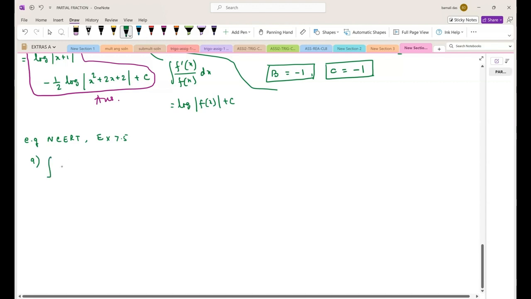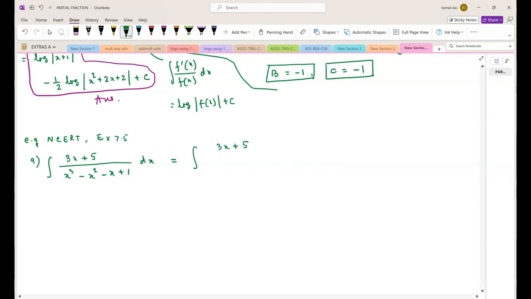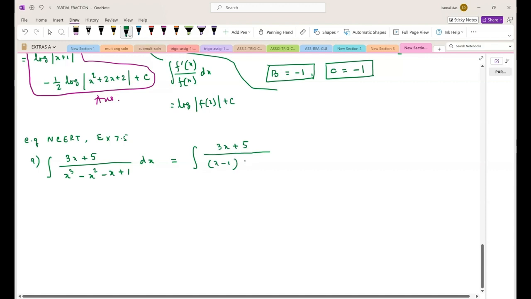So this is integration 3x plus 5 by x cubed minus x squared minus x plus 1 dx. So if you factorize the denominator, then it will look like x minus 1 into x square minus 1.